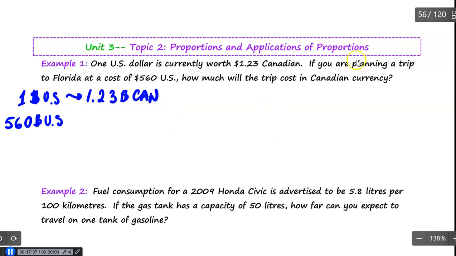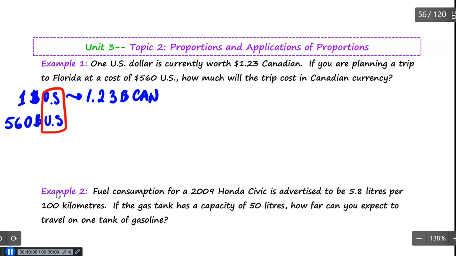And then they ask, if you are planning a trip to Florida at the cost of $560 US. So what you want to think is that you plan to form a ratio, a fraction where you have the same unit. So you are going to list this $560 US underneath this one, where you will have the same unit as US.